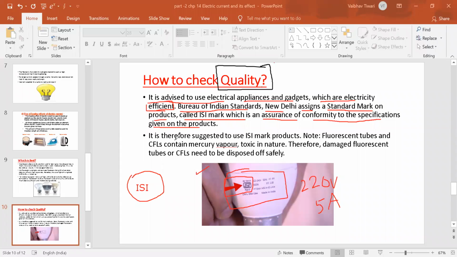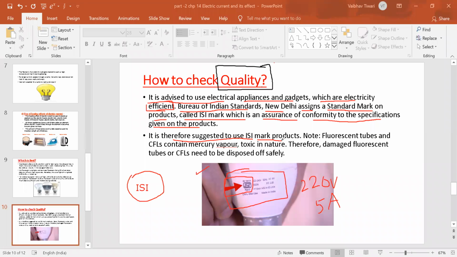Therefore, it is suggested to use ISI mark products, because what happens in the market is that there are small companies who make cheap products. For example, you have all heard about China. China makes a lot of cheap products, right?